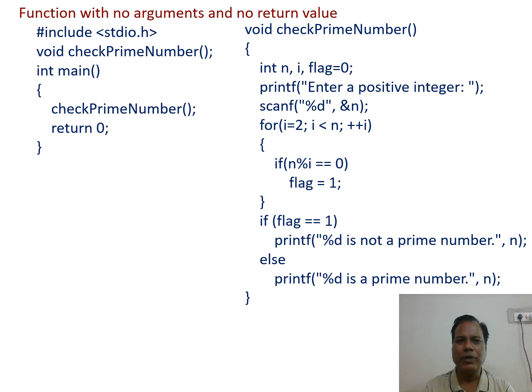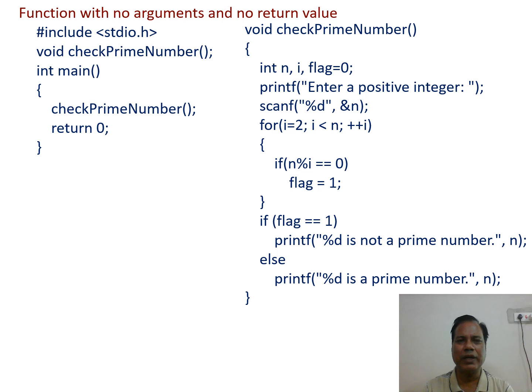Check prime number is the name of the function, and within the open and close parenthesis no parameter list is there. That is, this function is not receiving any data from the calling function.